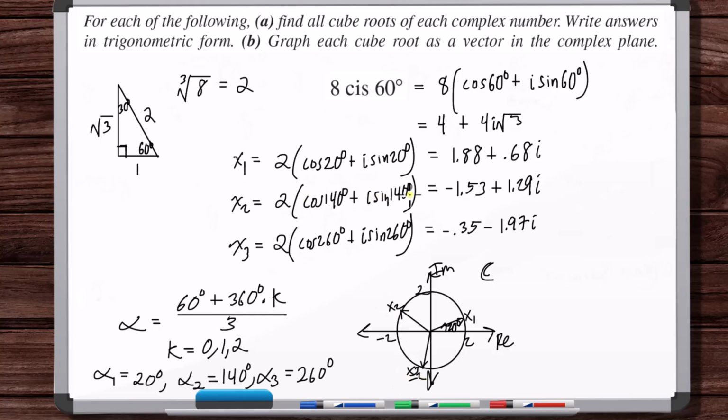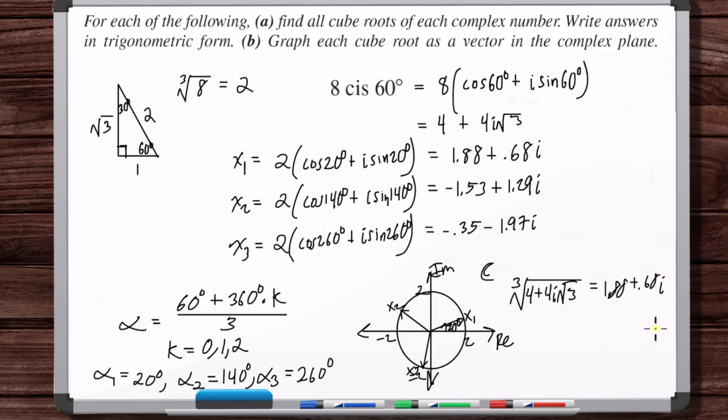Now, again, according to complex analysis, this is the principal cube root of this. But that doesn't mean we're not going to do this. It's tempting to think about it like, okay, the principal cube root of 4 plus 4i root 3 is 1.88 plus 0.68i.